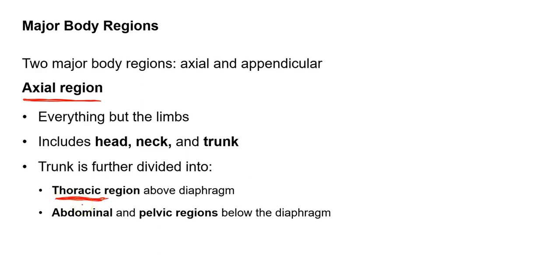Thoracic is above the diaphragm, so thoracic has things such as your lungs, your heart. The abdominal and pelvic regions are below the diaphragm. The abdominal and pelvic regions are what we typically call things like our, quote, stomach. But don't worry, in A&P class, we're going to get a lot more specific than a stomach. So again, that's the axial region, everything but the limbs.